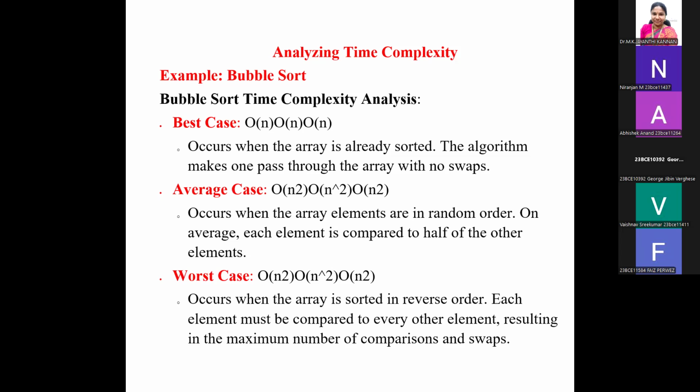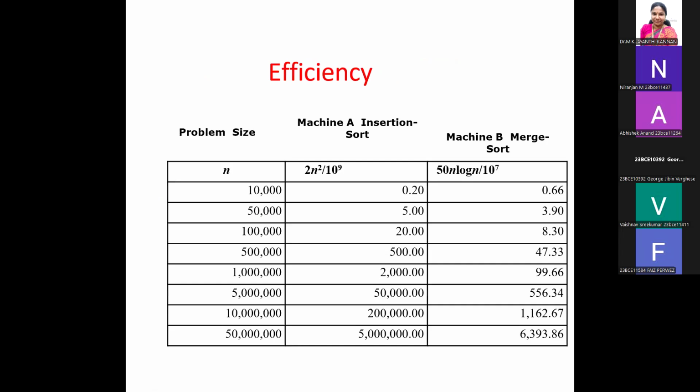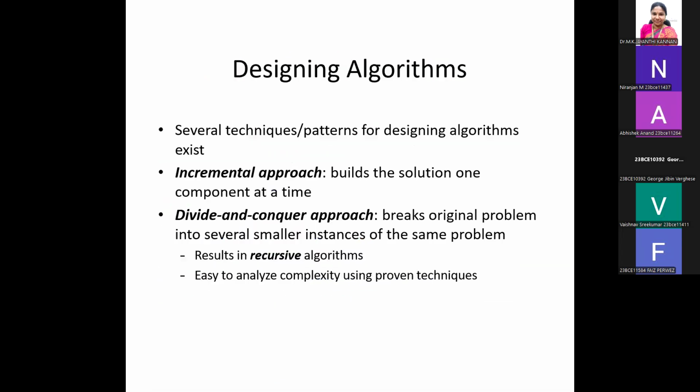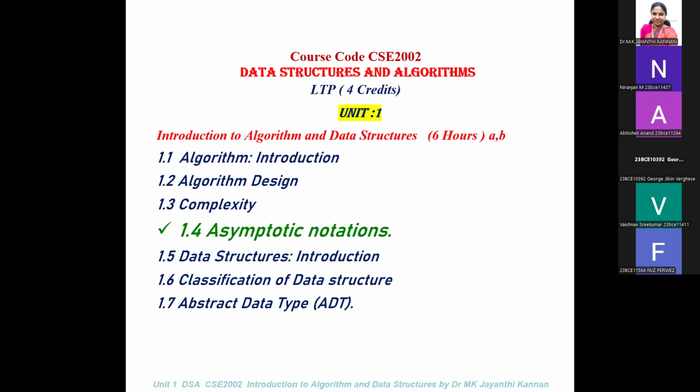That particular thing is presented based on asymptotic notations. So we are using a notation called asymptotic notation that is used to represent the time and space complexity of your algorithms.